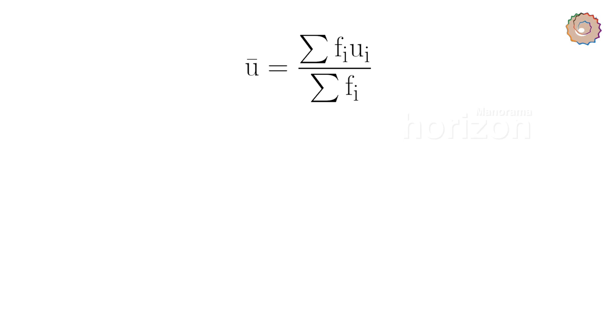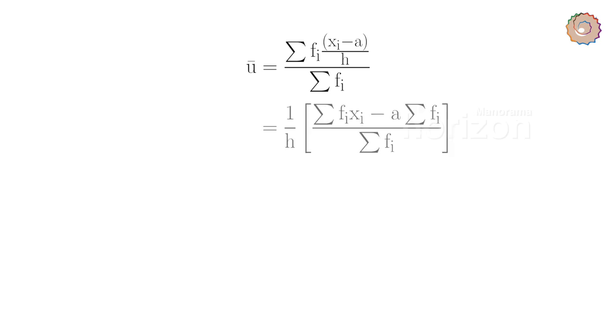Let's find that out. We know that ui is equal to xi minus a divided by h. Therefore, u bar is equal to sigma fi in brackets xi minus a divided by h to the whole divided by sigma fi. Let's keep h outside the brackets and multiply the numerators.